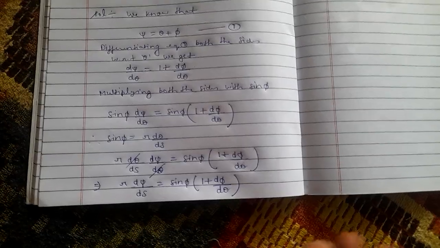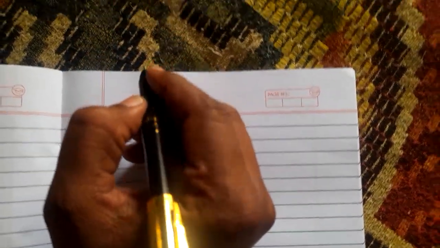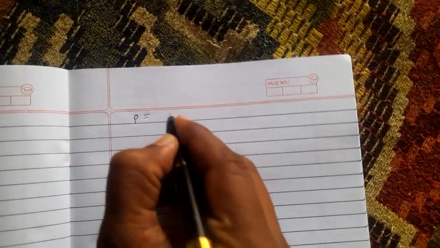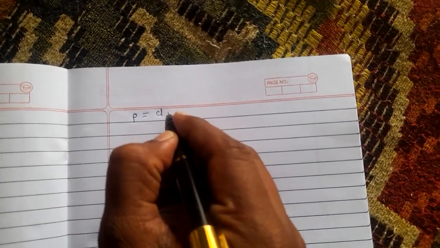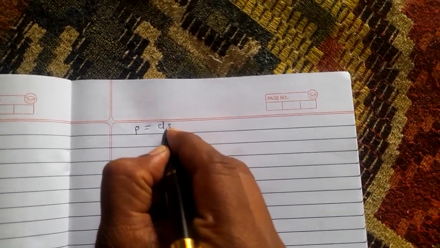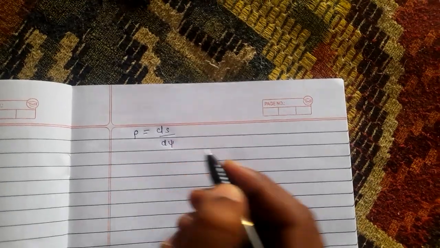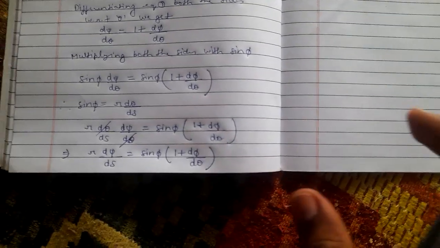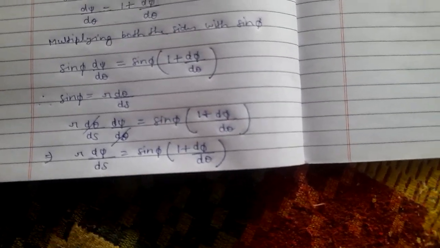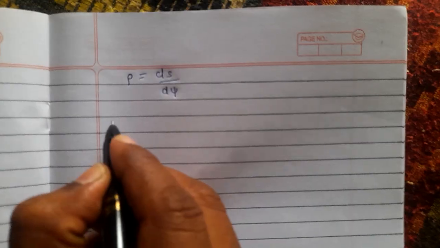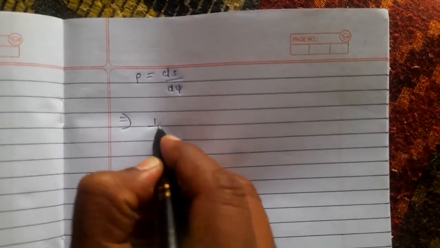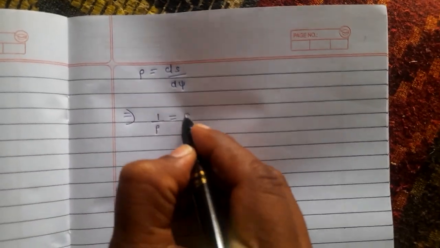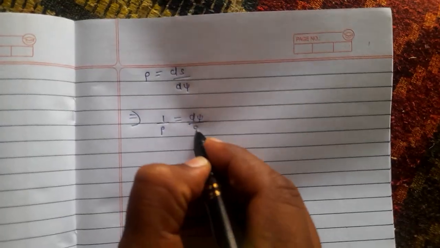And we know that the radius of curvature is given by rho equals ds upon d psi, so 1 upon rho is written as d psi upon ds.